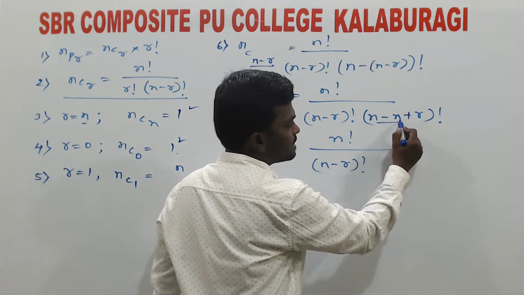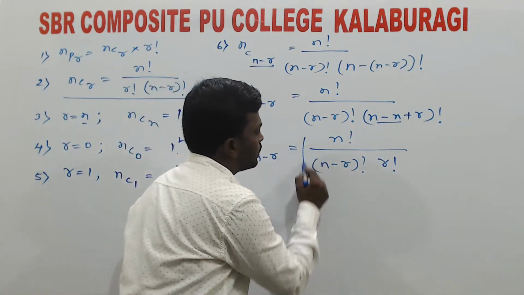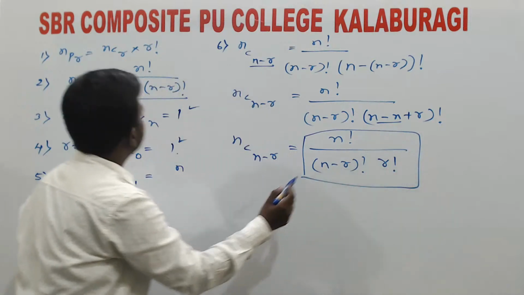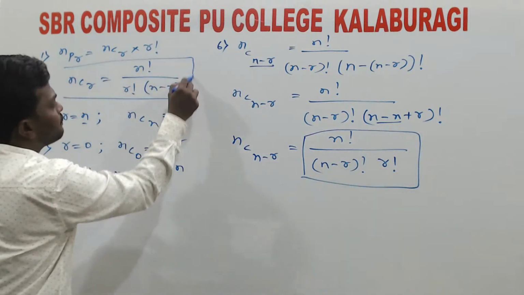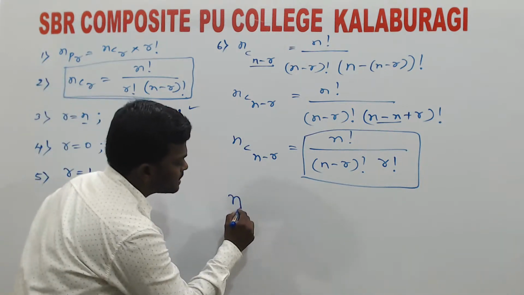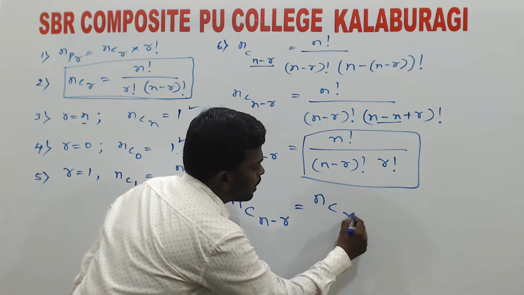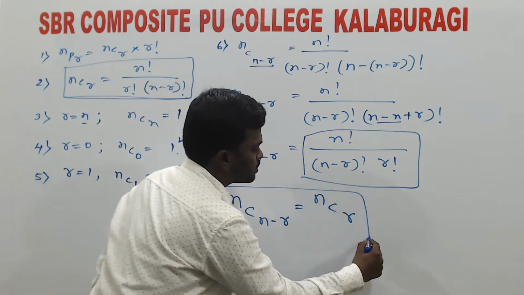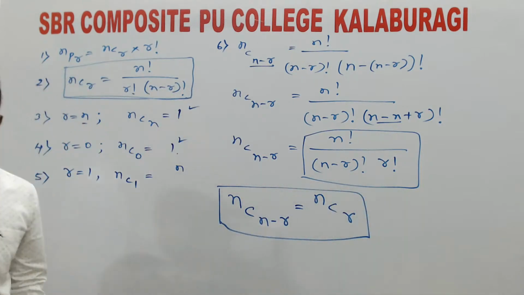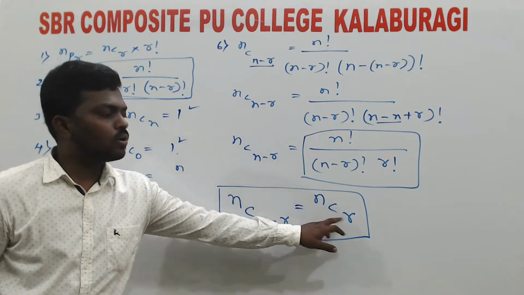Multiplying the minus inside, n minus n plus r, n minus n gets cancelled. So what we are left with is r factorial. If you observe carefully, the expression on the right hand side is nothing but the formula for nCr itself. So nC(n minus r) is equal to nCr. This is also one important formula to remember.